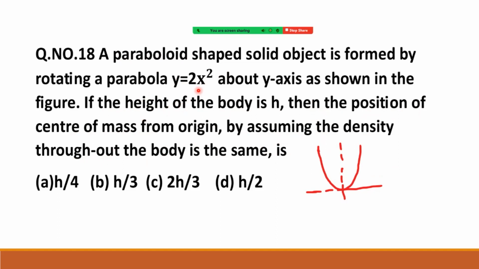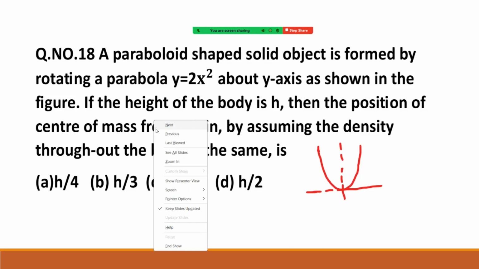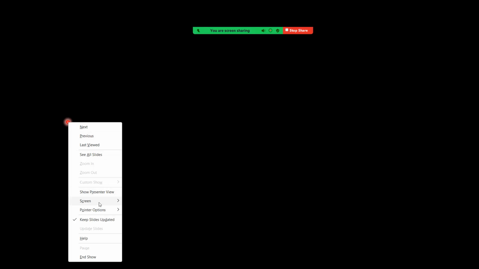Given y equal to 2x square. Distribution of mass is continuous. So far we have taken elements; now the same logic here also. How to take elements? How are we taking elements?